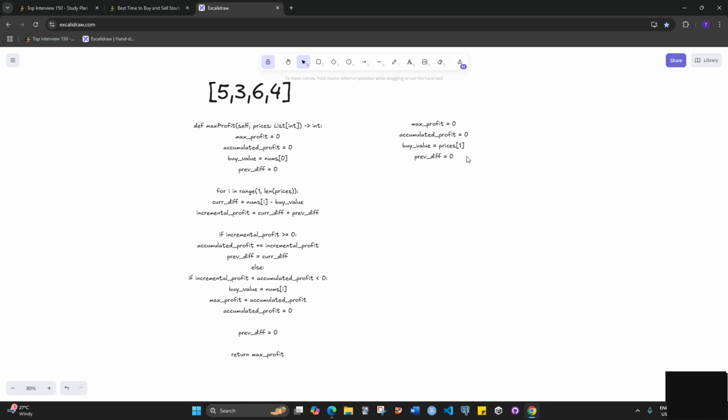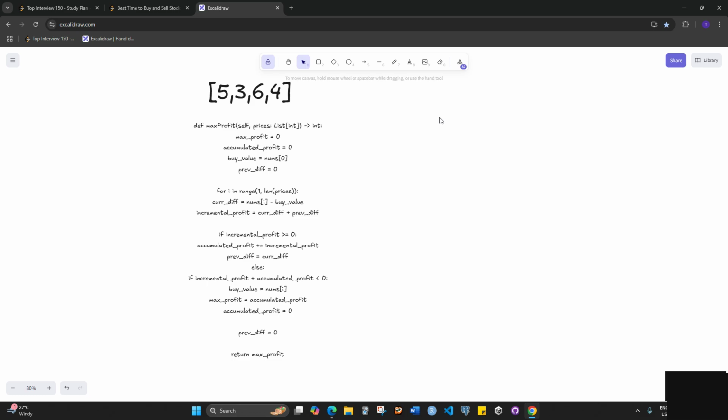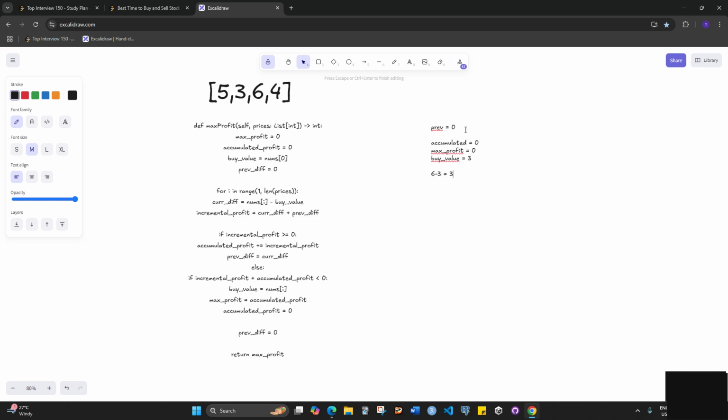So iteration 1, we don't need to talk about that. That just skips straight to prev equals 0, max profit equals 0, buy value equals 3. Okay, cool. And then 6 minus 3 equals 3. We do 3 plus prev equals 3.